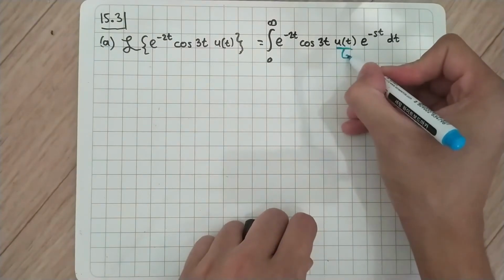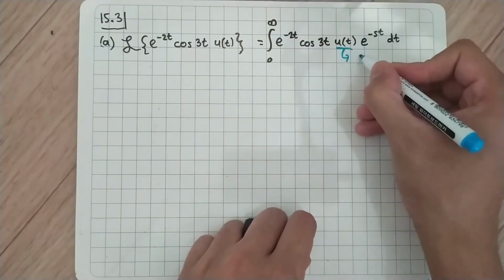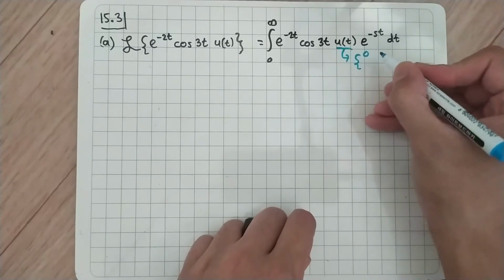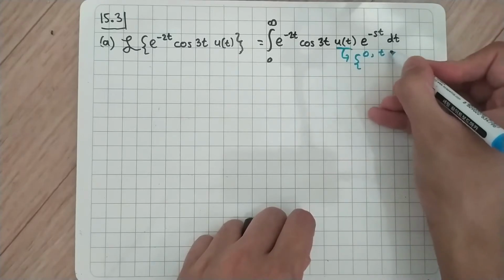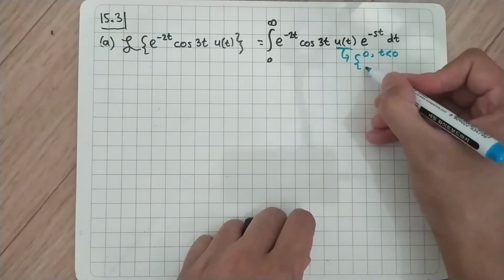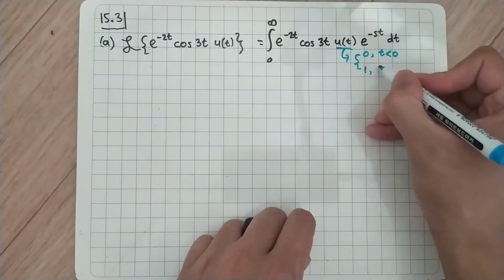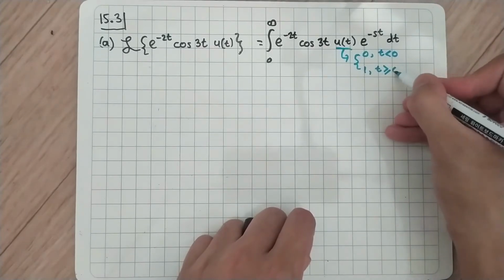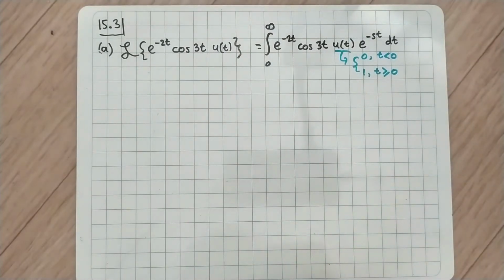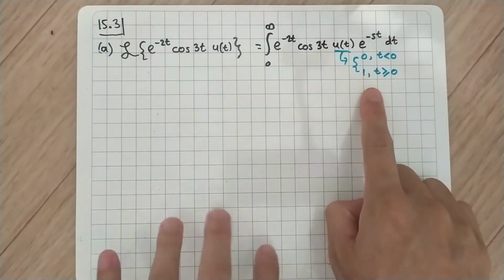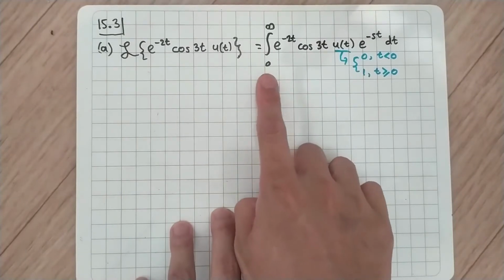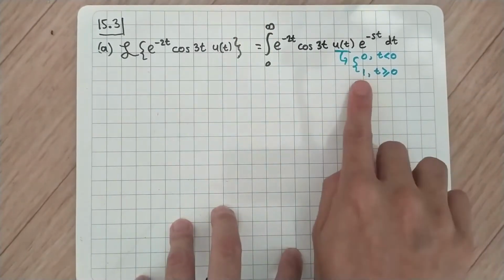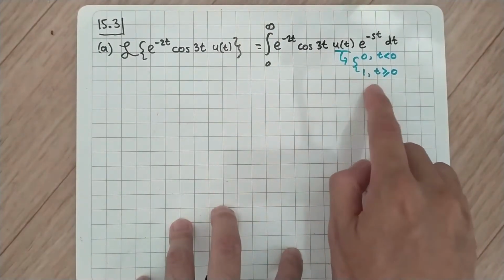Why? Because u(t) is defined as 0 when t is less than 0, and 1 if t is greater than or equal to 0. Because of these two functions and our limit of integration is from 0 to infinity, we only need the value of this to be 1.